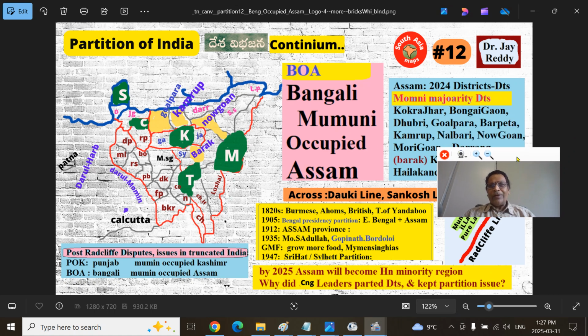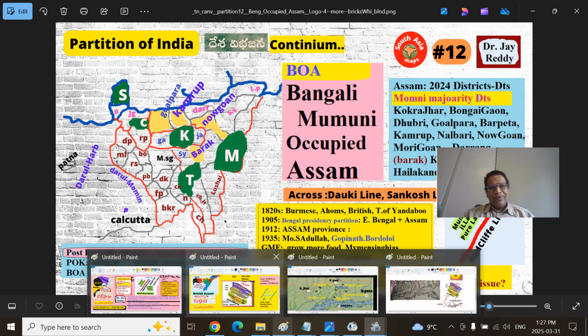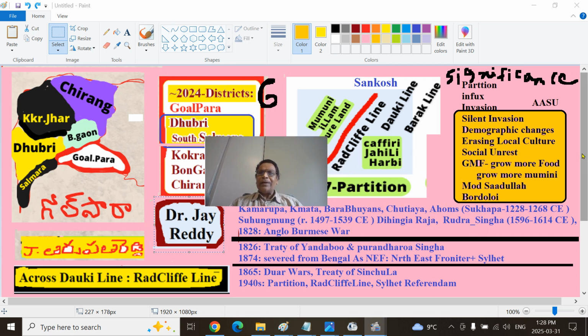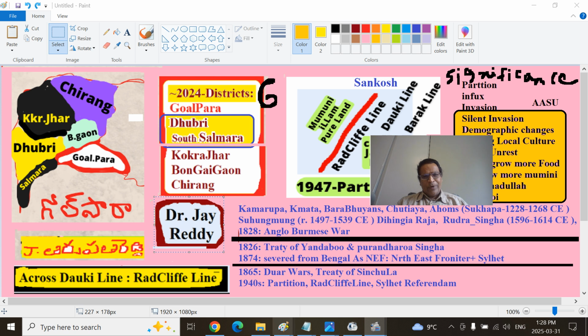In order to understand that, you have to understand the physiography. That's what we are looking at in detail. Physiography plays a very important role in history, like partition, influx, invasion, silent invasion, the demographic changes, erasing of the local culture, and social unrest like the Assam movement, Students' Union, the agitation, the Grow More Food campaign, and Muhammad Saadulah and Gopinath Bordoloi. All these events are in one way connected with the physiography of a particular terrain.